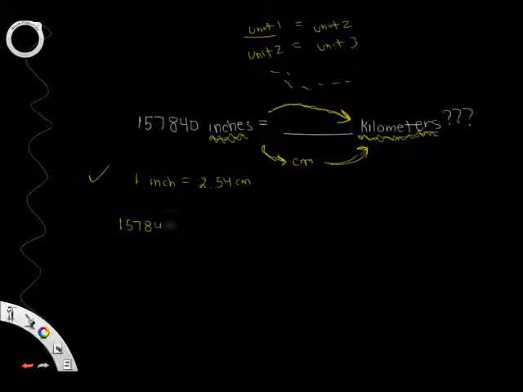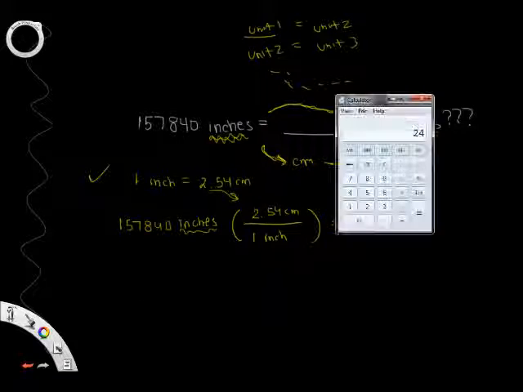So we're given this number of inches. We're going to write our fraction that equals 1. Remember, the unit you start off with goes on the bottom, and this will be going on top. Let's bring out our calculator.